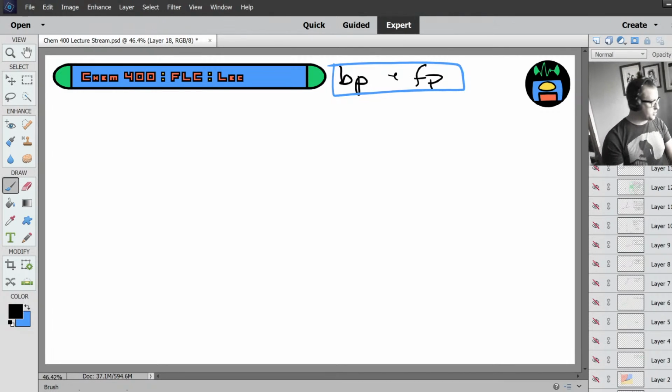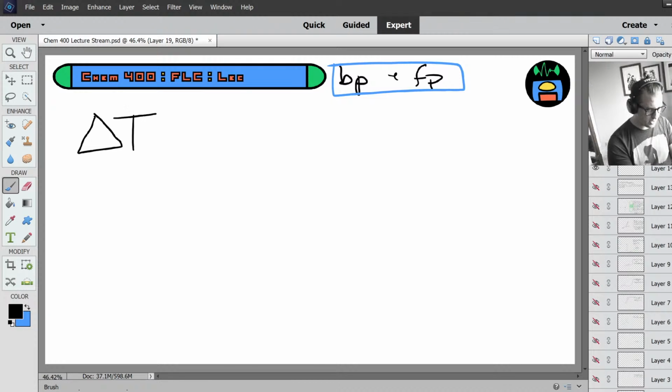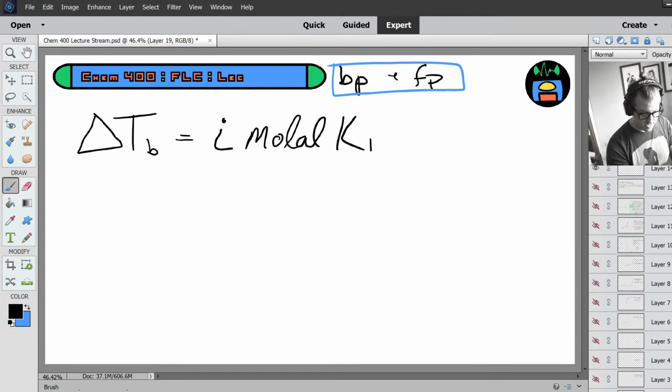There's an equation for boiling point elevation: the change in boiling point is equal to i times molal times Kb.